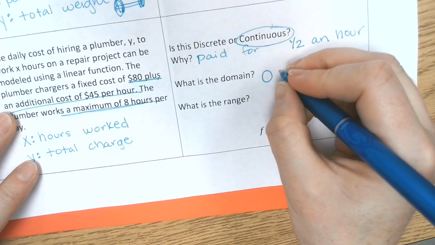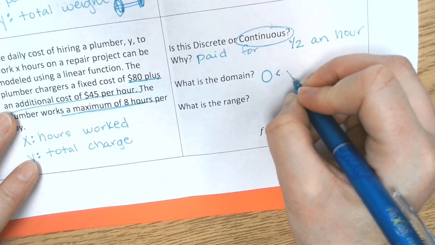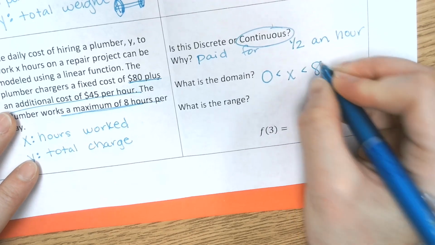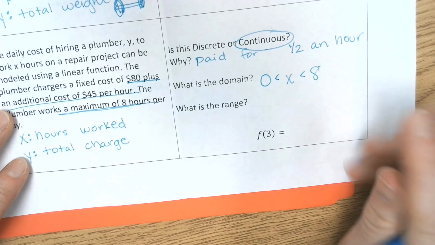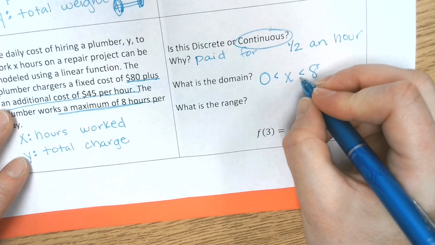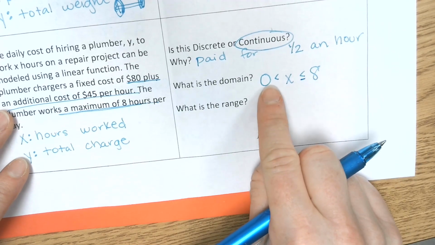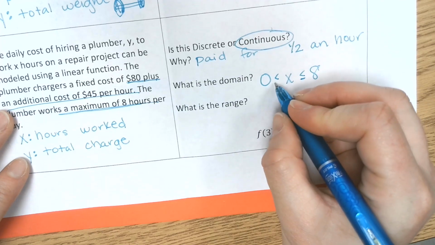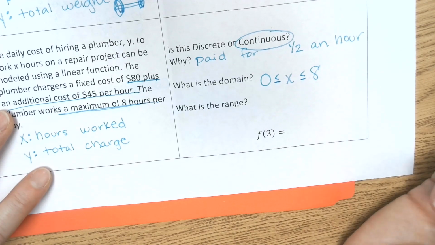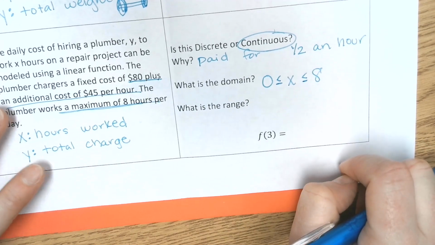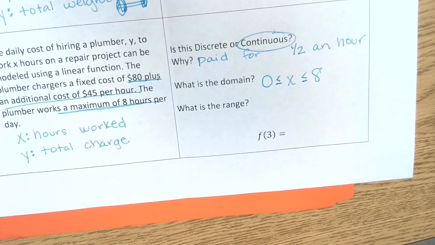So we'd say 0 less than or equal to x less than or equal to 8. They could work 0 hours, just show up for the time. So 0 is our minimum, 8 is our maximum, so we write it as an inequality.